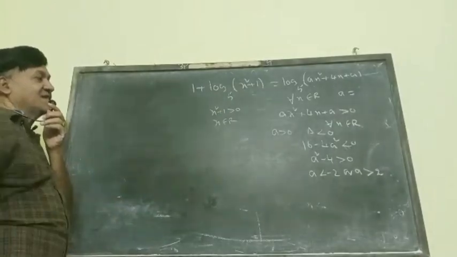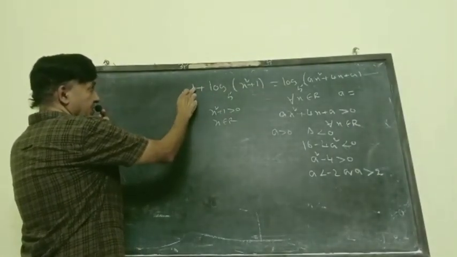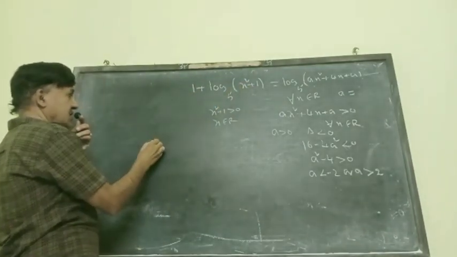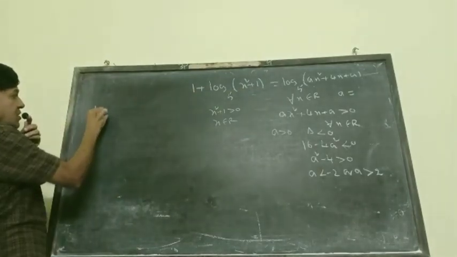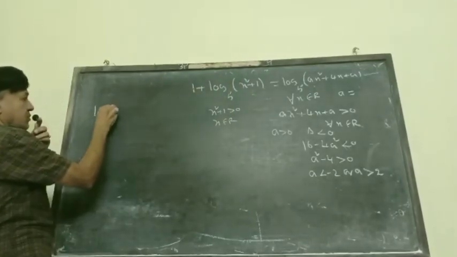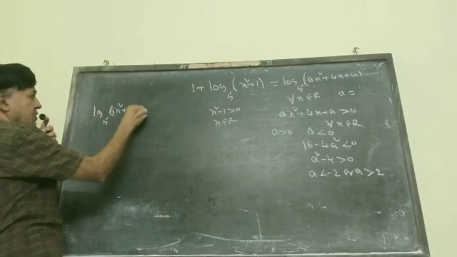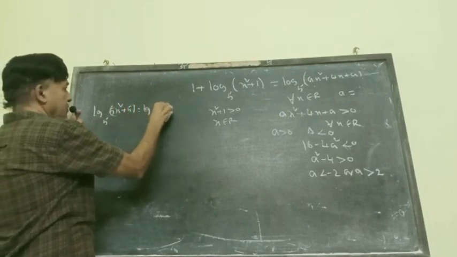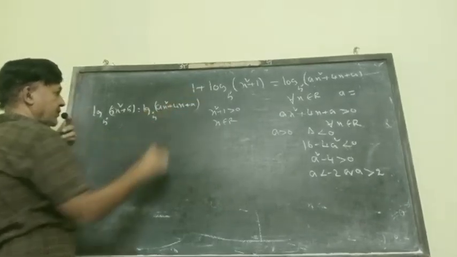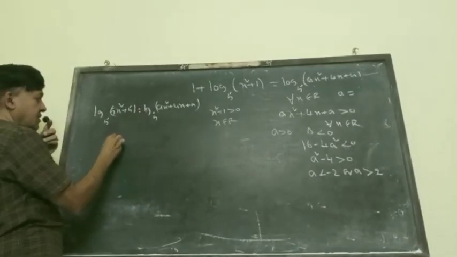You keep it like this. Now 1 can be written as log 5 to base 5. So the LHS will become log 5 to base 5 plus this, meaning log of 5x square plus 5 to base 5 is equal to log of ax square plus 4x plus a to base 5. So base 5, no problem, equal sign is there.